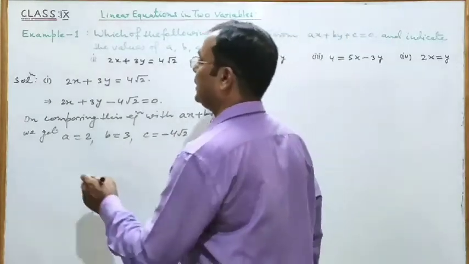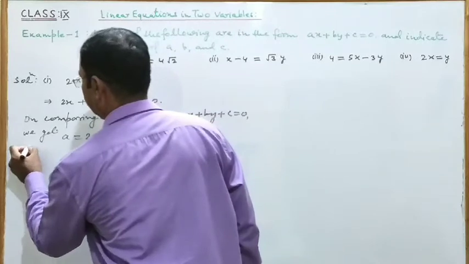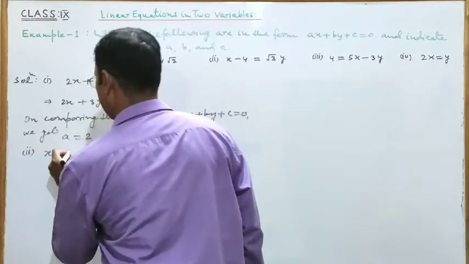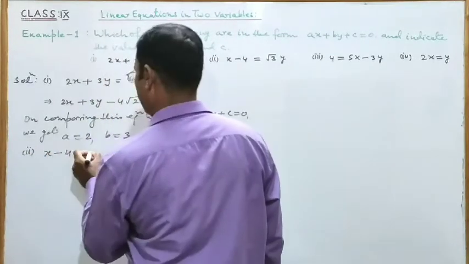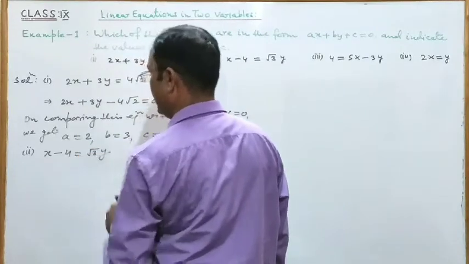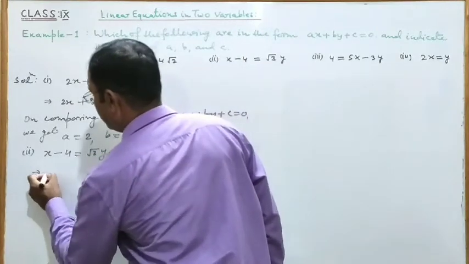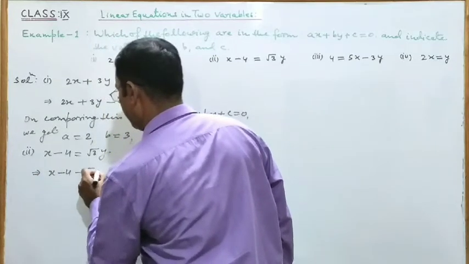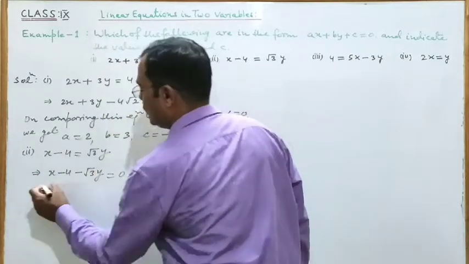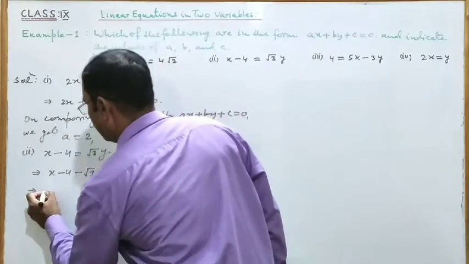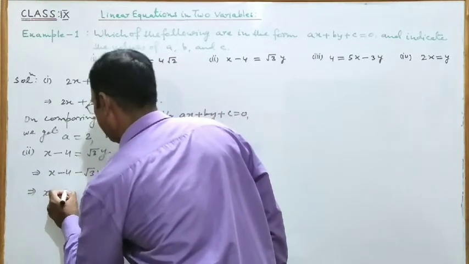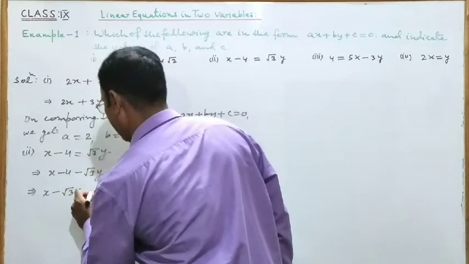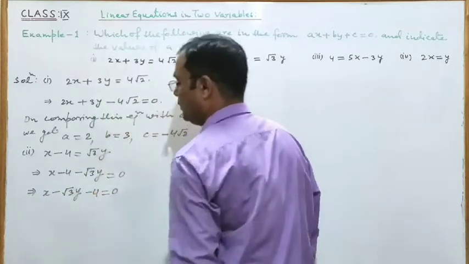Like this, the second part is given: x minus 4 is equal to root 3y. This on transposition can be written as x minus 4 minus root 3y is equal to 0, which can be further written as x minus root 3y minus 4 equal to 0.